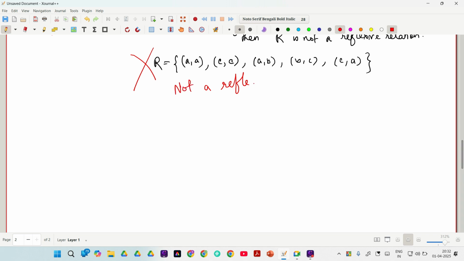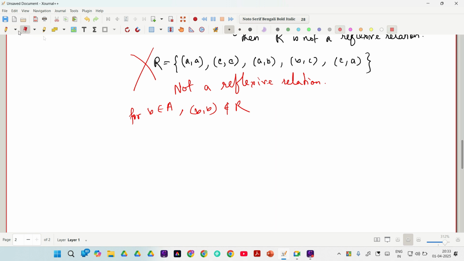Why? Because (b, b) does not belong to R, and b belongs to A. For b belongs to A, (b, b) does not belong to R. This is the reason R is not a reflexive relation.